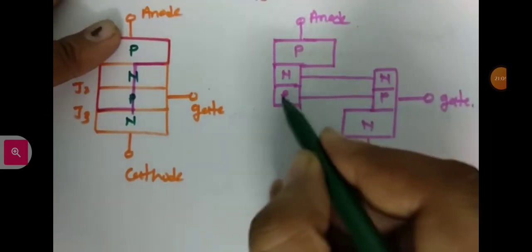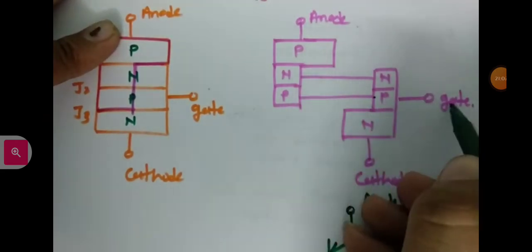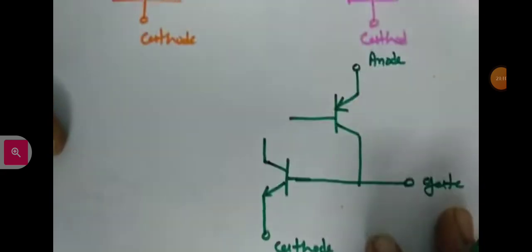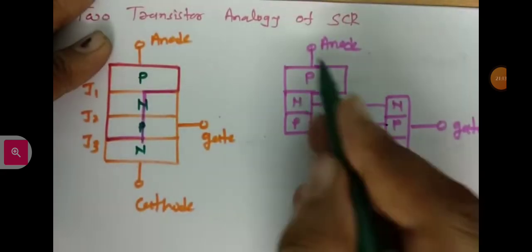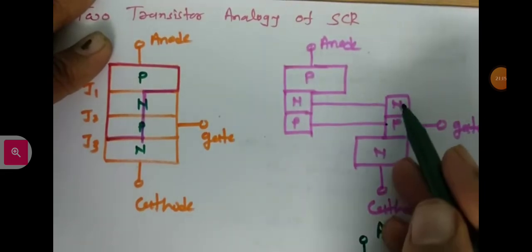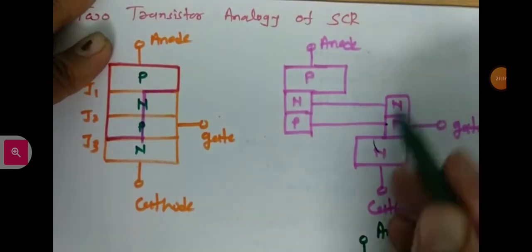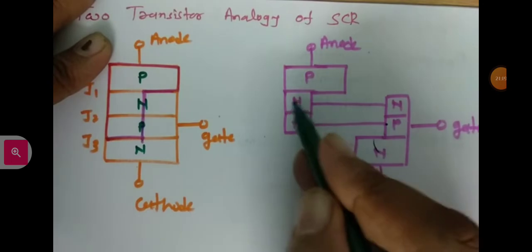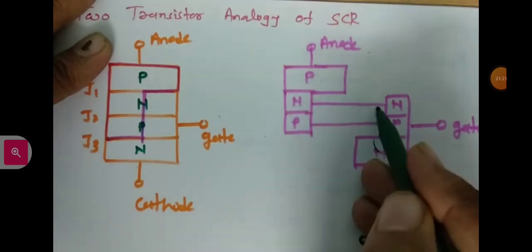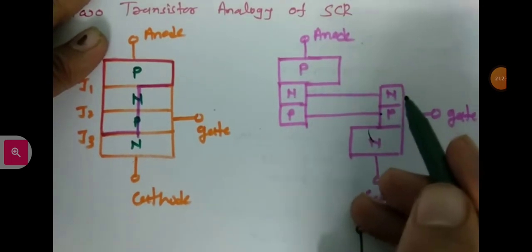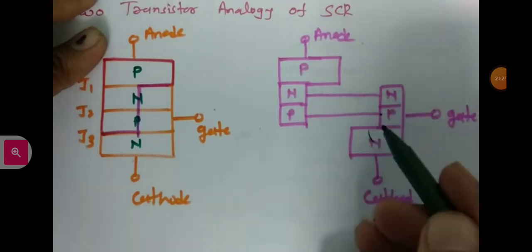The collector of the first transistor is connected with the gate. And the base of the first transistor is connected with the collector of the second transistor.